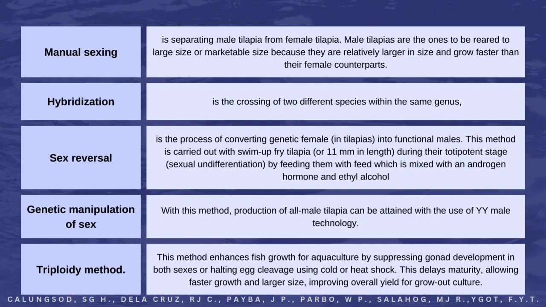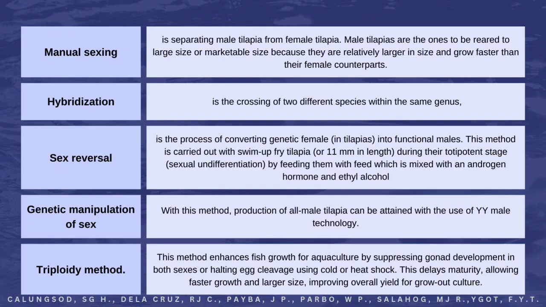Third is sex reversal or the hormonal treatment. It's the process of converting genetic female tilapias into functional males. This method is carried out with swim-up fry tilapia during their totipotent stage, the sexually undifferentiated stage, by feeding them with feed which is mixed with an androgen hormone and ethyl alcohol.